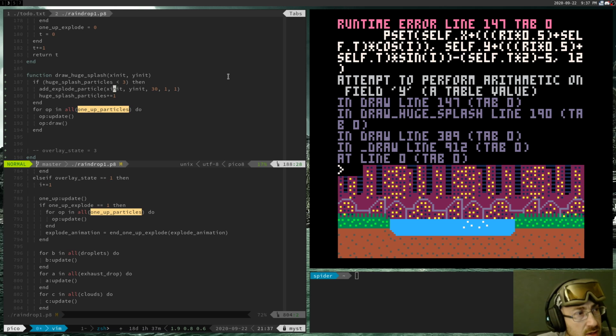Let's take a look at splash particle. Find it.